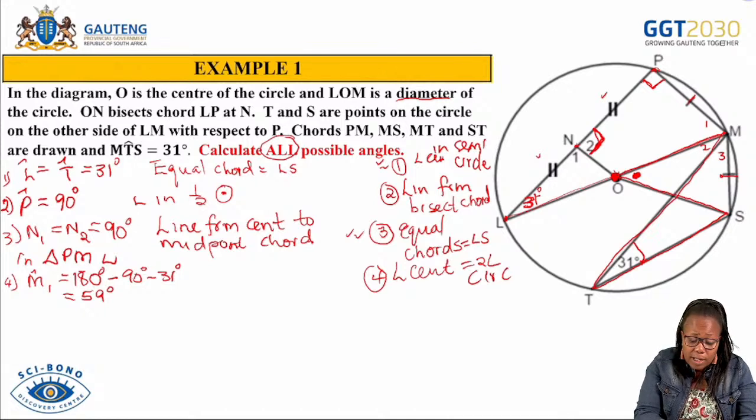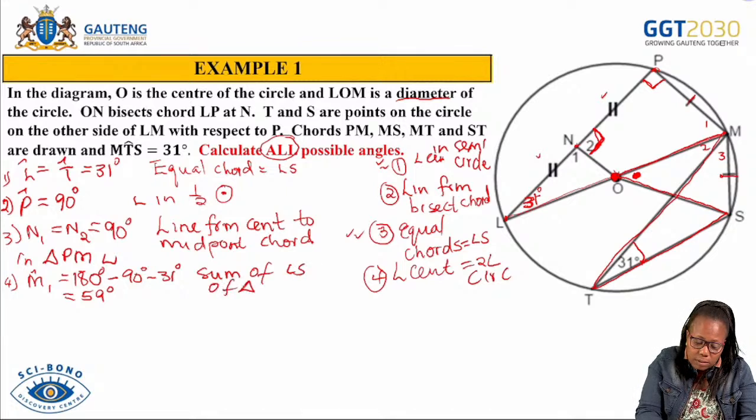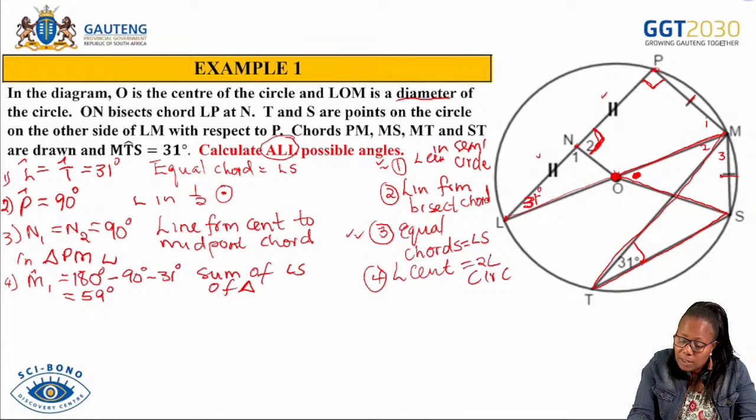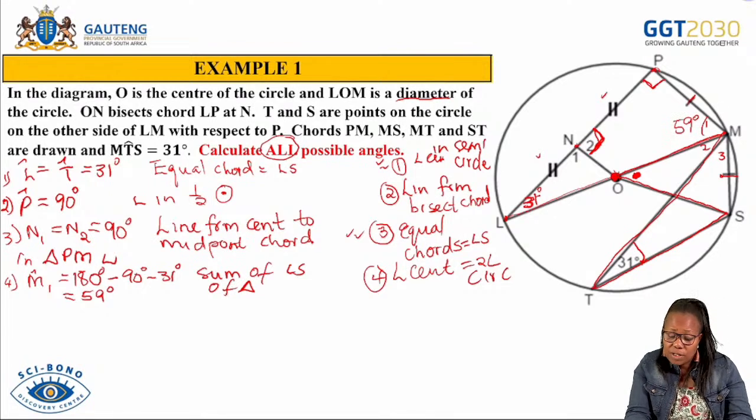Where does 180 come from? Our reason will be sum of angles of a triangle, or the interior angles of a triangle. Now after calculating, put the value into the diagram. This is 59 degrees, grade 12.